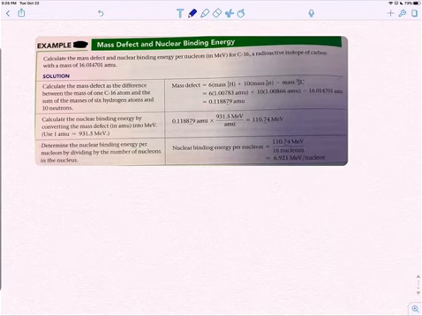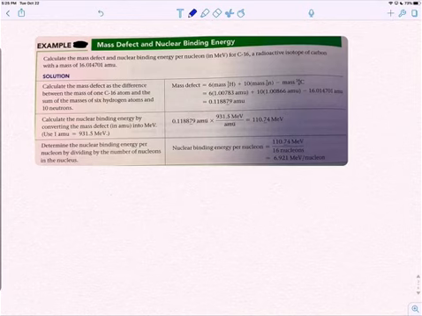Calculate the mass defect and nuclear binding energy per nucleon for carbon 16, which has a mass of 16.014701 atomic mass units. For the mass defect, you have to figure out the resting mass, the unbound mass, of 6 protons and 10 neutrons.